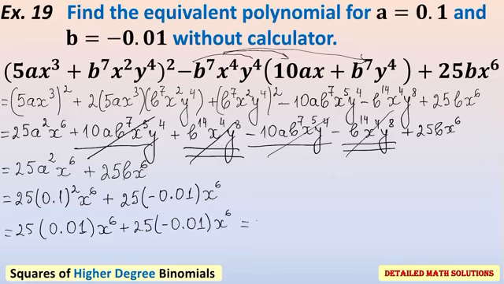And then when I simplify further, this equals 0.25 x to the 6th power minus 0.25 x to the 6th power. So these are again the same terms with opposite signs, which cancel out and equal 0. 0 is the final answer for this exercise.